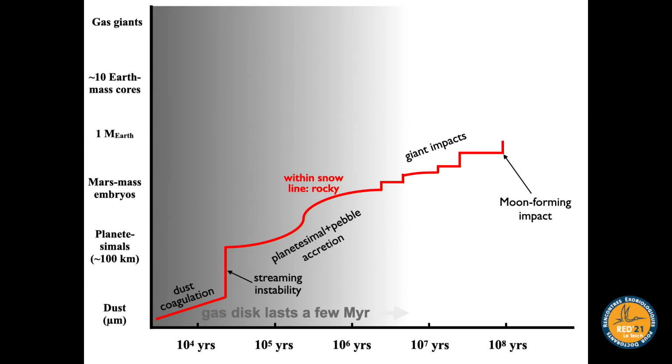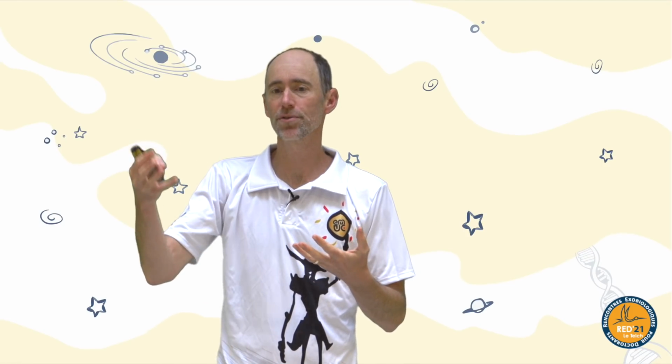There's a final one, which for the Earth would be the moon forming impact, the final embryo impact. And then there's this late veneer, this late accretion, this small tail of sweeping up of the leftover small things of about 0.5% of mass for the Earth. And that's a cartoon version of how we think Earth grew.